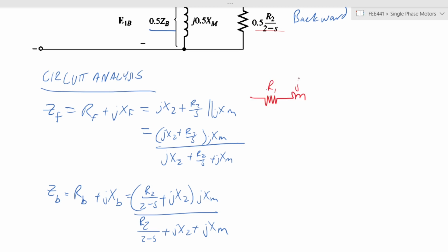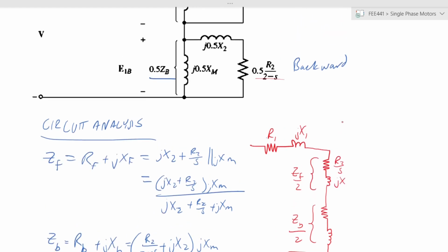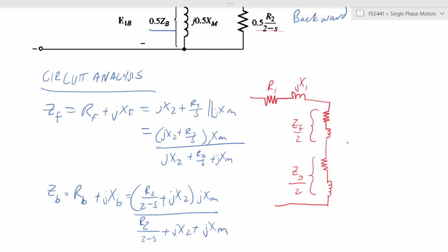So you have your R1 and your jX1, and then you have the equivalent arms, whereby this is ZF over 2 and this is ZB over 2, which is RF over 2 and XF over 2, then RB over 2 and XB over 2.